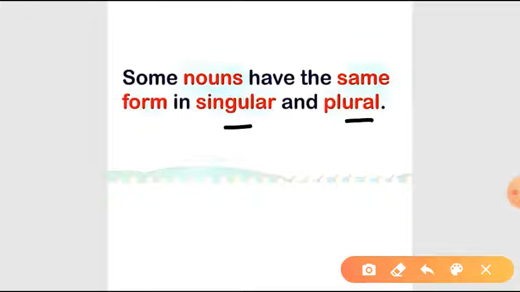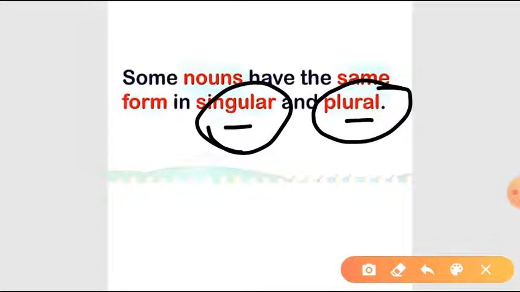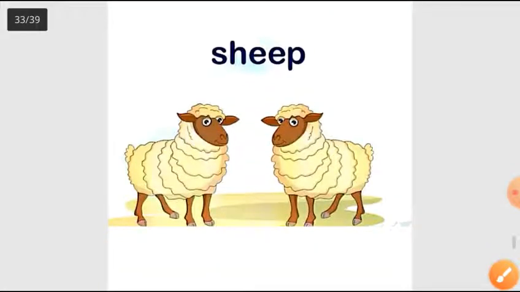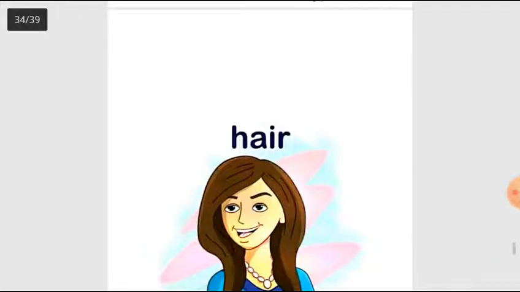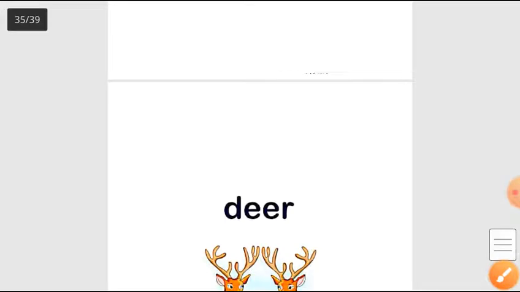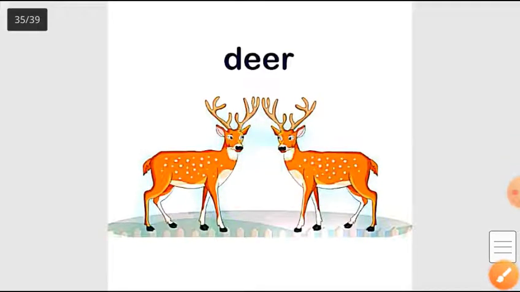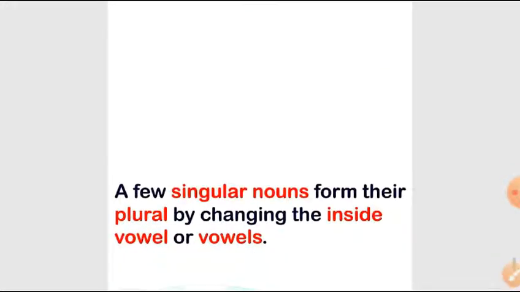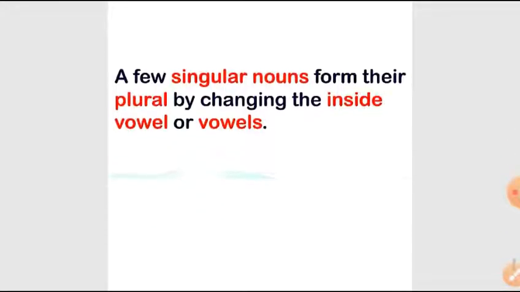We do not change them at all, if it is singular or it is plural, it will remain the same. You can see here few words like sheep, hare, deer. So these are the words that don't change. They have the same form in singular also and in plural also.